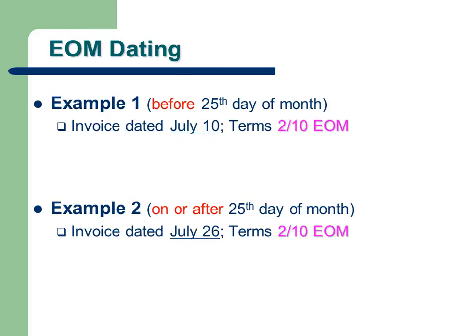Whereas in the second example, the invoice date is July 26th, which is after the 25th day of the month, July, right? So although the term is written the same, 2/10 EOM, because of the differences in the invoice date, what is considered as EOM differs.